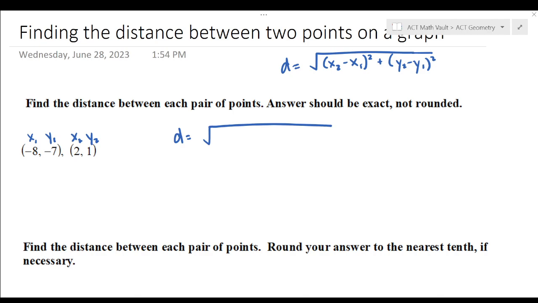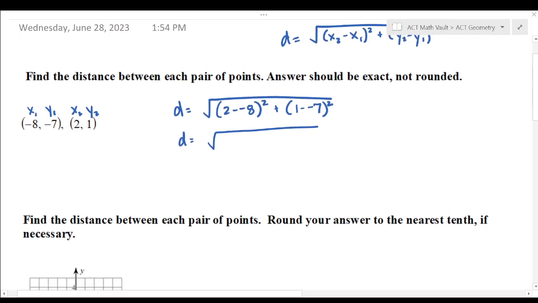So here we go. x2 is 2 minus -8. We have to be careful that we do the minus negative properly. Add, and then 1 minus -7 squared. When you square something in parentheses, that part will always become positive.